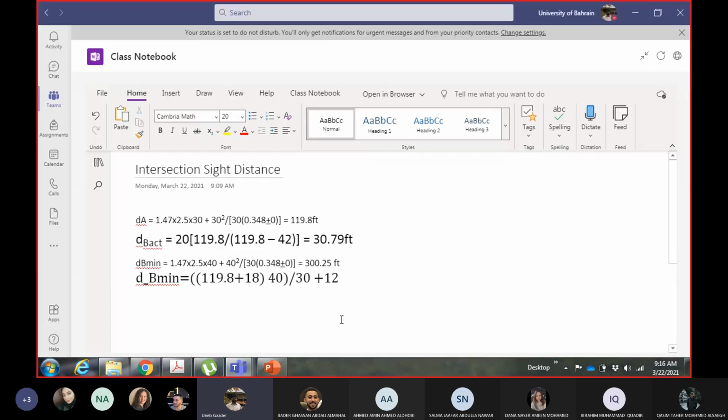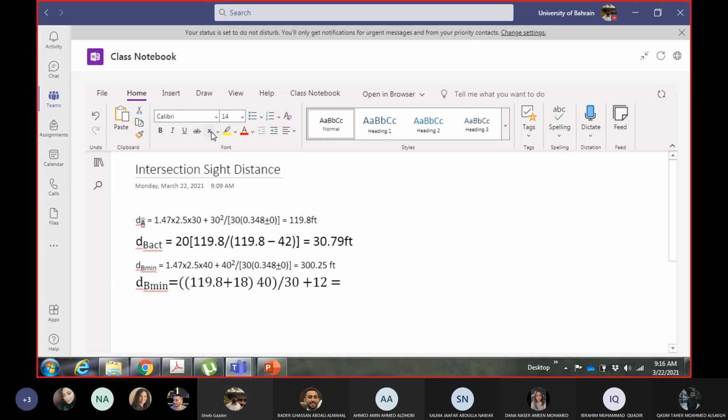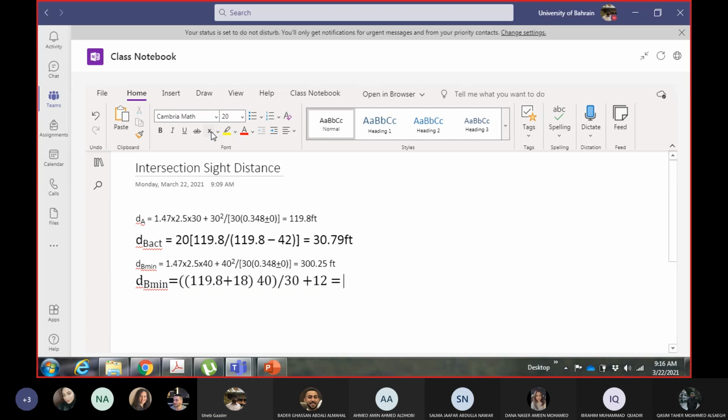First of all, you solve this ratio and then you add 12. How much is it? 195.73 feet.